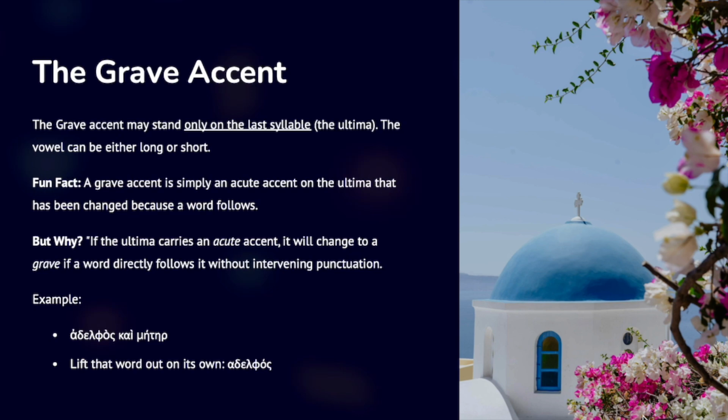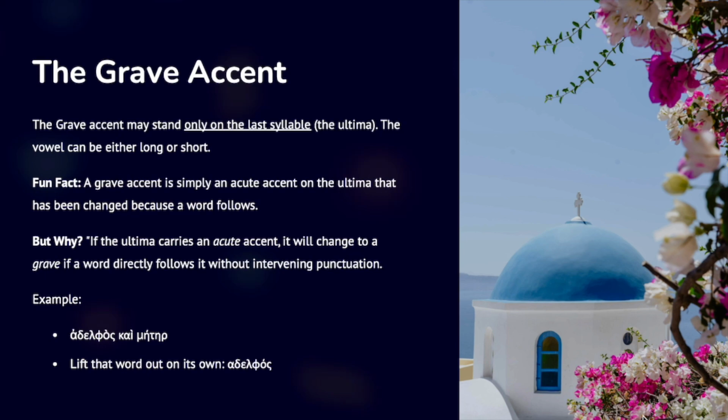It needs to change that acute to a grave. And similarly, with the word kai, which originally has an acute accent in the dictionary, it changes to a grave when combined with other words. On the other hand, meter has an acute accent at the beginning of the word, and you don't have to worry about changing it with graves.